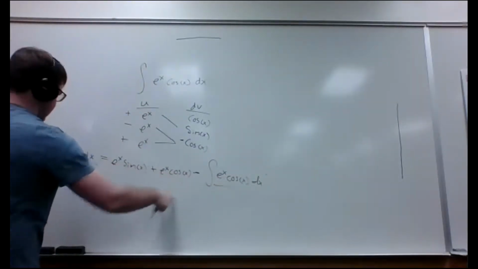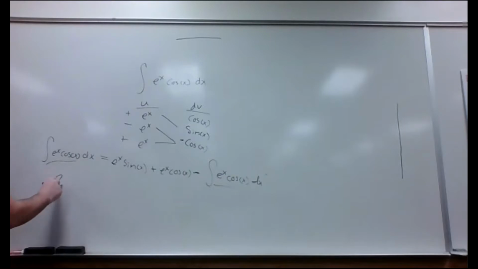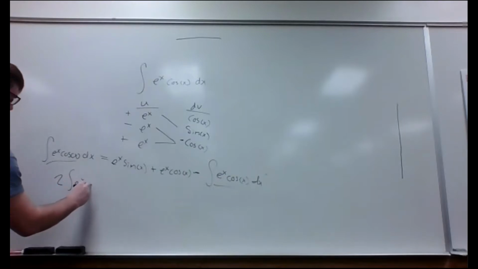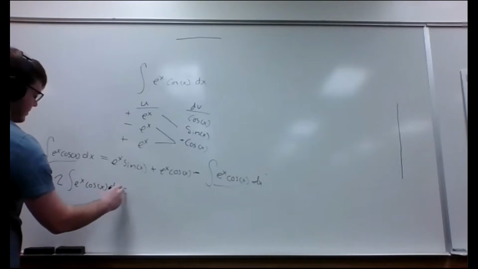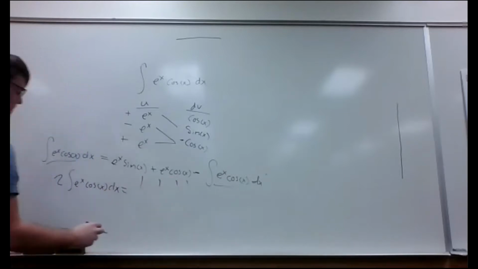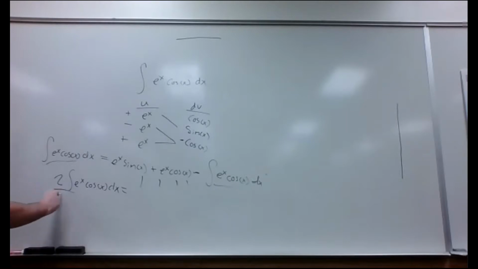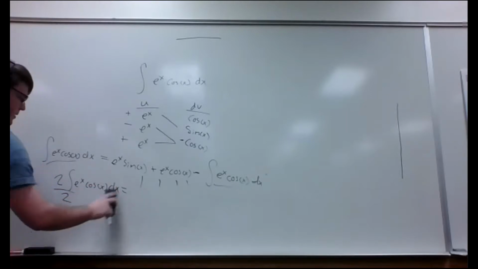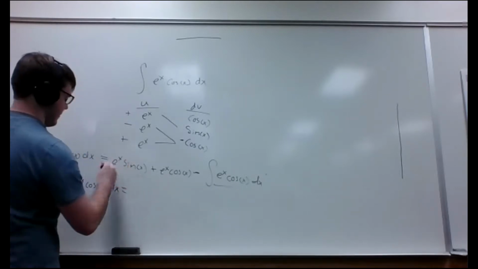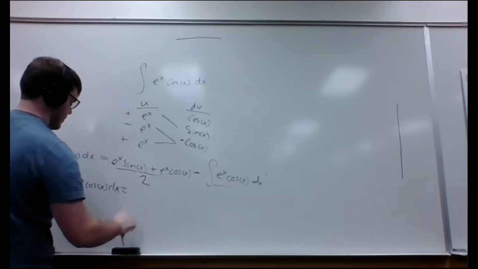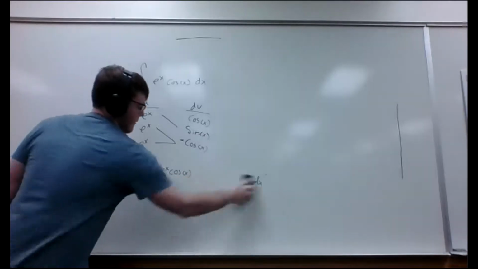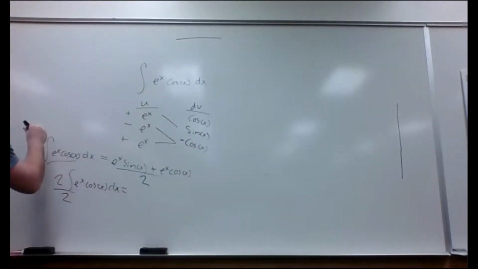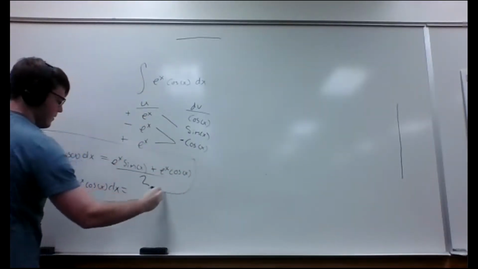We'll just add this term over to this side, and we'll end up with 2 e to the x cosine x dx is equal to this stuff, right? And then we can divide it by 2 and divide this whole thing by 2. And this one is going to be our answer.